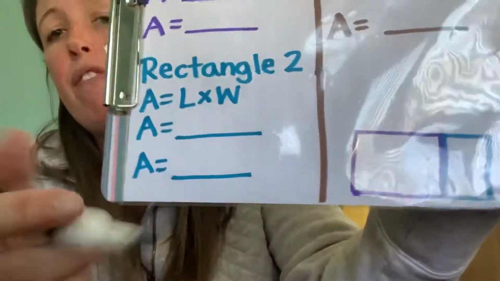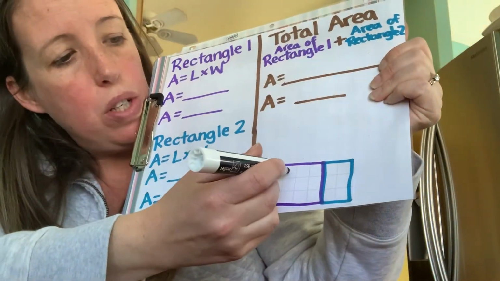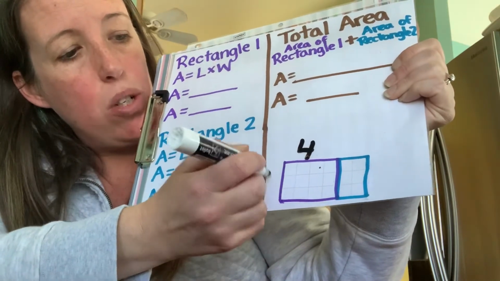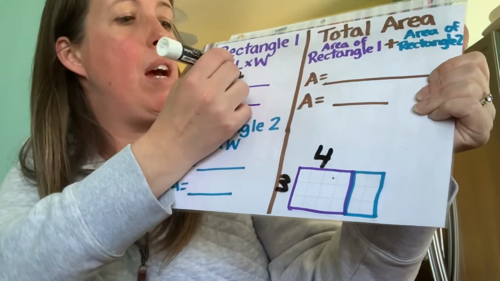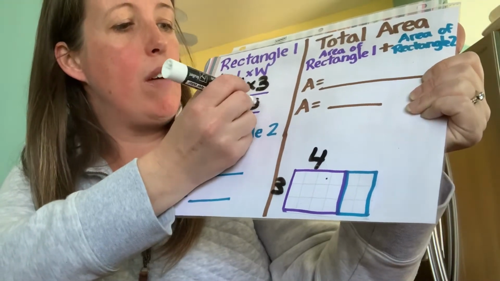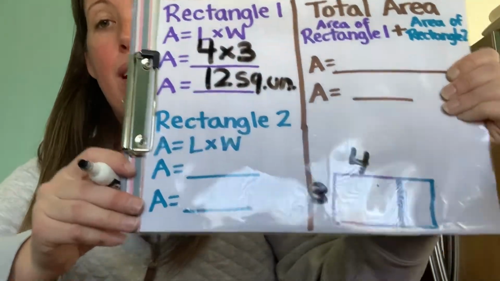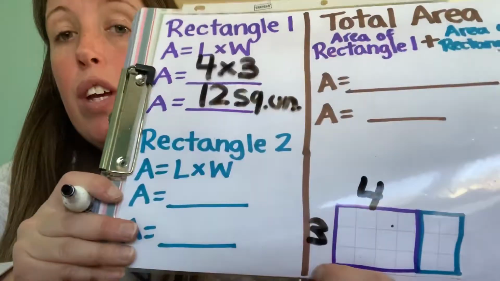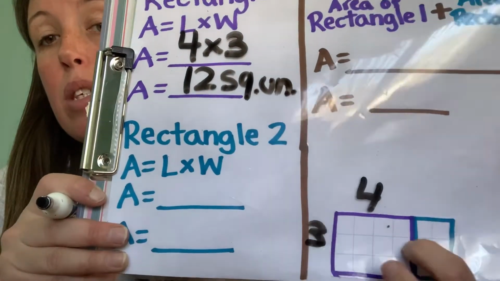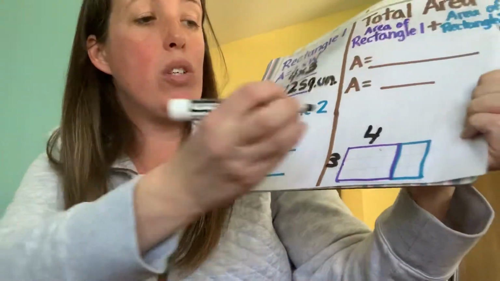So first I'm going to find the length of rectangle 1. 1, 2, 3, 4, times the width, 1, 2, 3. So I have 4 times 3, which gives me an area of 12 square units. And again, if you didn't know 3 times 4 is 12, you can always count the square units up to get your area. Next, rectangle 2.